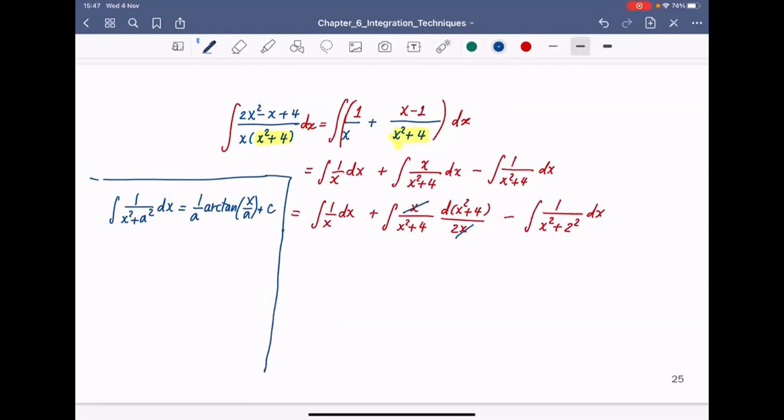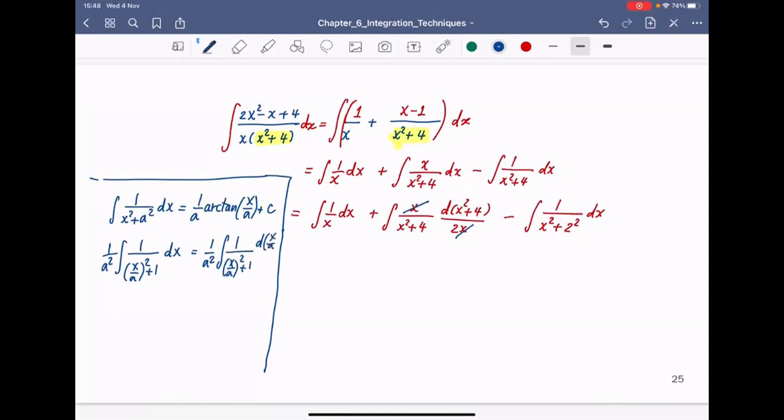If you want to prove it, you just pull out a squared, and you're going to get 1 over a squared times the integral of 1 over (x over a) squared plus 1 dx.